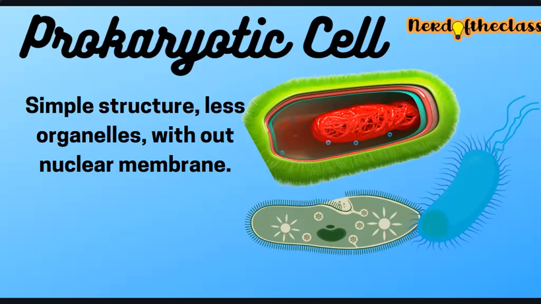You have a nucleoid. It's the genetic material, but without a nuclear membrane. Prokaryon actually means before nucleus. So the prokaryotic cells have no nuclear membrane, but they have a nucleoid, and the nucleoid is not isolated from the cytoplasm. However, it has a nucleus.